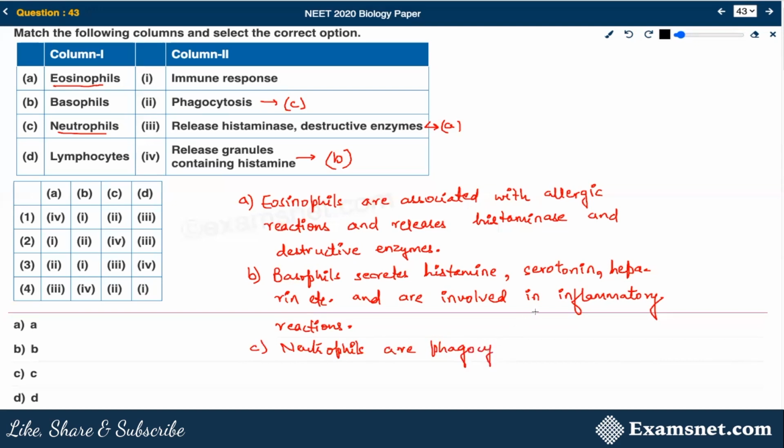Phagocytosis is a process in which there is engulfing of a foreign particle or any material that enters inside the cell unknowingly, or by one way or another. So what neutrophils do is directly engulf all those foreign particles or damaged cells. So they are going to engulf that. Phagocytic cells.